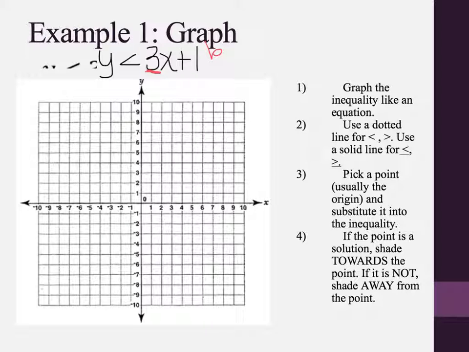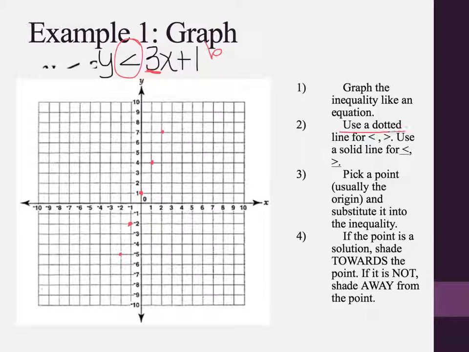So I'm going to graph on positive 1, and I'm going to go up 3 over 1, and I can also go down 3 over 1 as well. Okay?